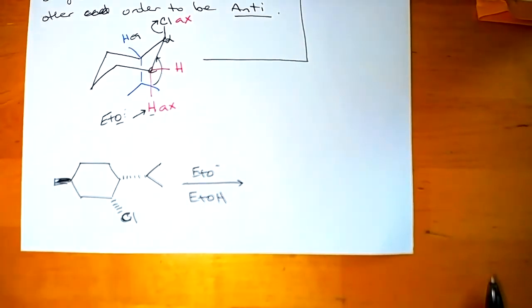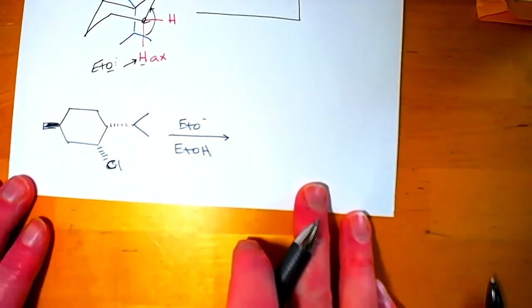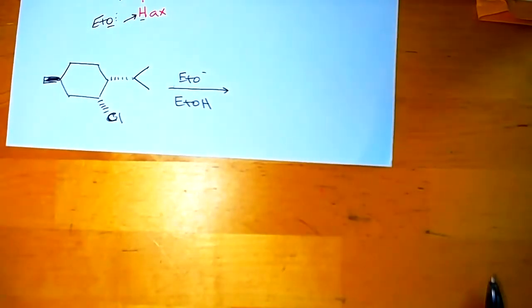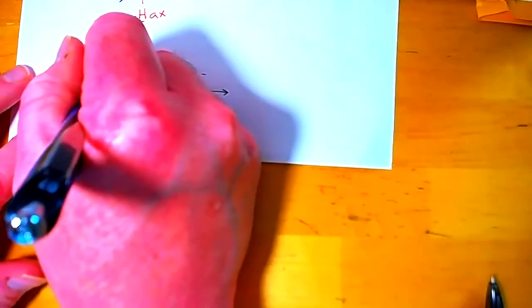Based on that, do you think there'll be a single product or multiple products? And if there are multiple products, do you think there's going to be a major product? Okay, so there's your alpha carbon, there's your beta carbon.